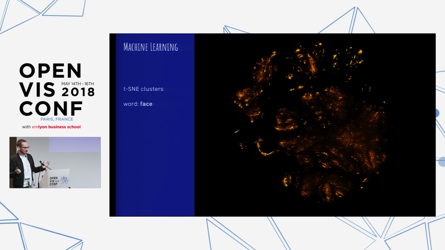So here, each drawing in our data set, this is all the faces that were open source, I think it's like 150,000 or so, is represented as a little translucent dot. The t-SNE algorithm puts similar drawings close to each other, so the bright spots are areas where there are clusters of similar drawings.